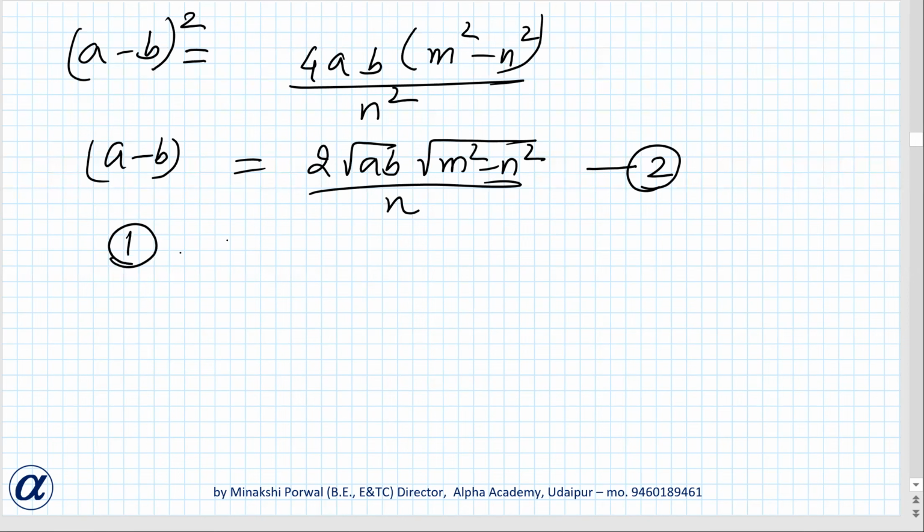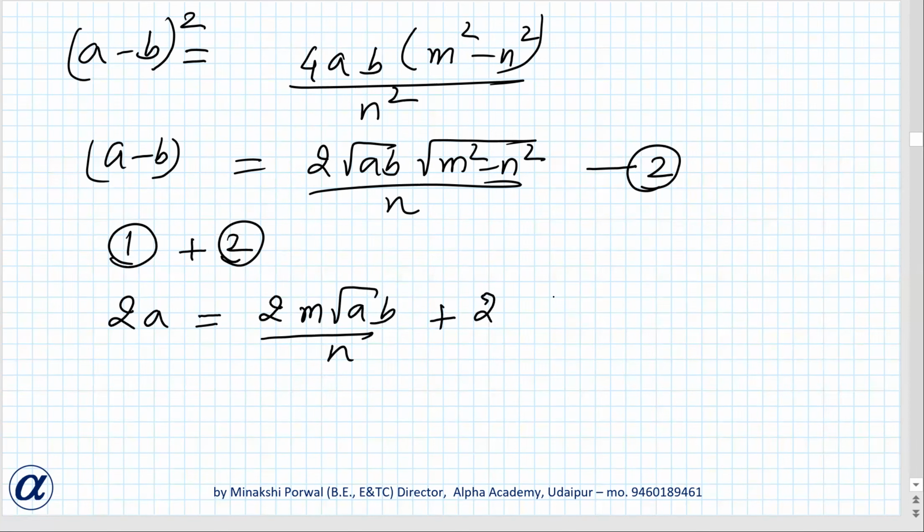So adding equations 1 plus 2, 2A equals to 2M under root AB upon N plus 2 under root AB under root M square minus N square upon N. This is 2A.